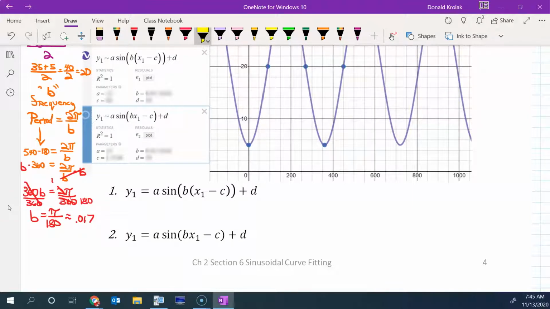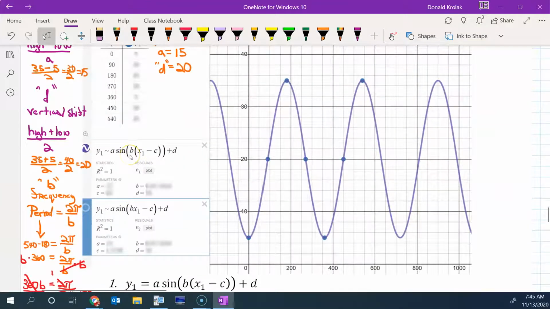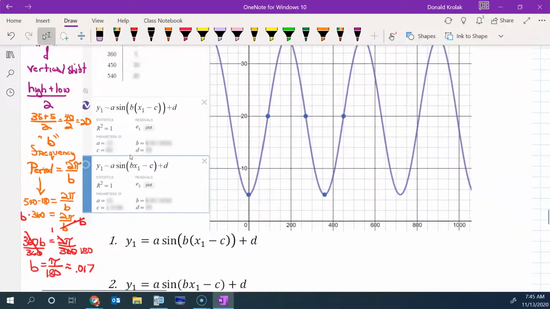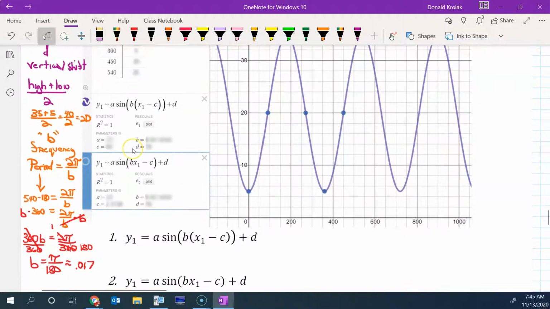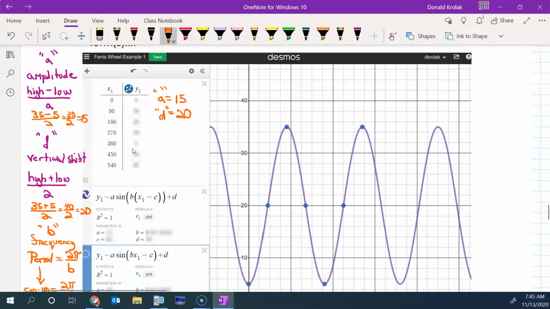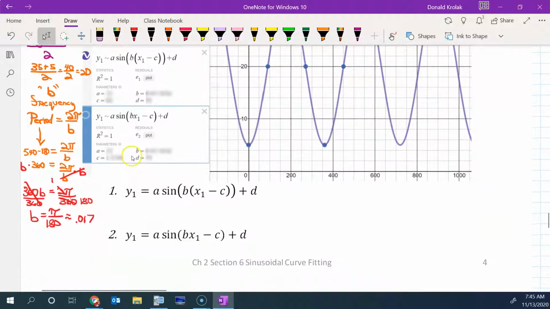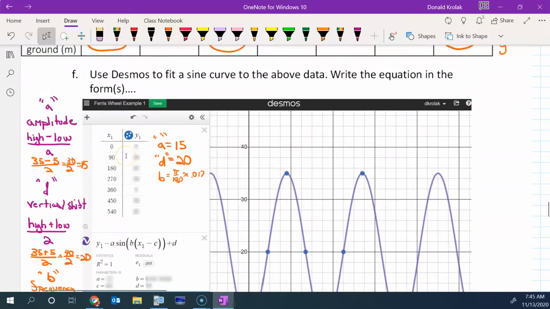All right, so we have our A value, 15, our D value, 20, and now our B value is pi over 180, which is about 0.017. Okay, now the C value, that's the phase shift.